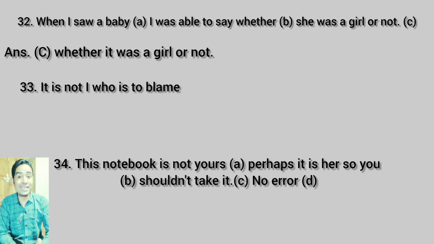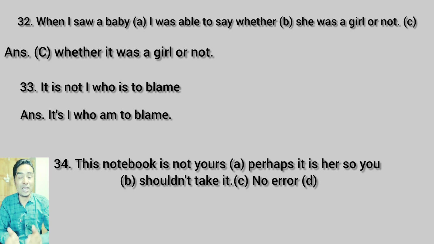Who is to blame: is is the verb, to blame is the infinitive object of this second clause. I hope you understood. Here who is a relative pronoun. As you know, a relative pronoun takes its verb according to the antecedent. Here the antecedent is I. In this case we have to use it's I who am to blame, not who is to blame.